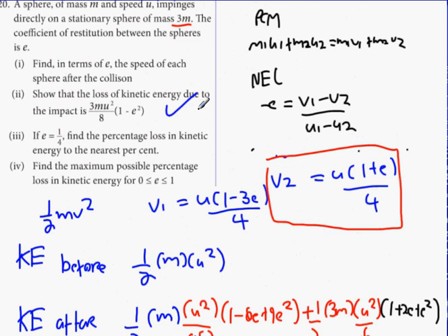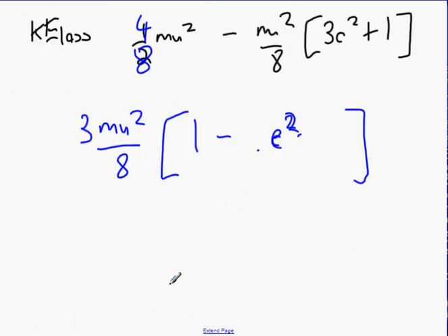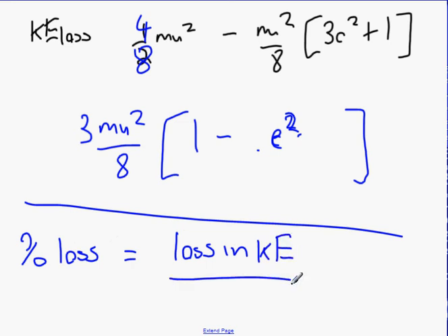Alright, part 3. If e equals a quarter, find the percentage loss in kinetic energy to the nearest percent. Great thing about getting marks in a question like this is just write down what you have to do. Percentage loss is what, guys? What would you say percentage loss is? Loss in KE divided by KE before multiplied by 100 over 1.